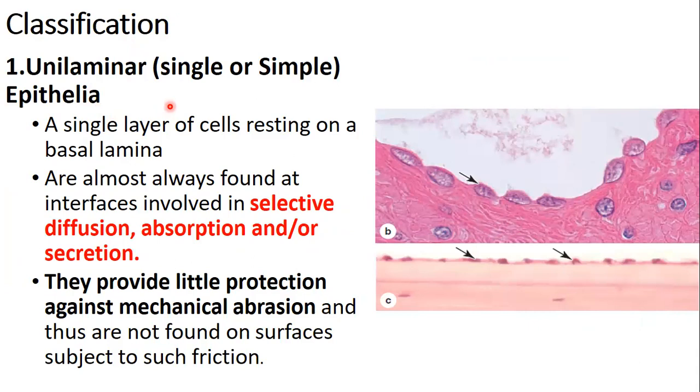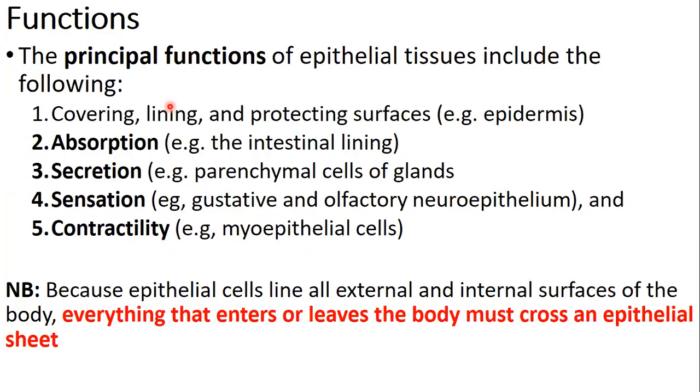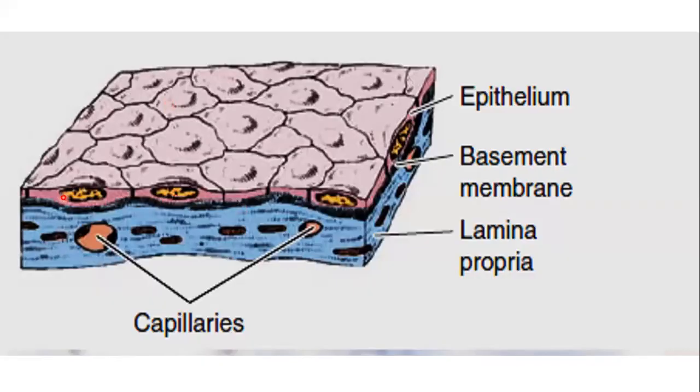Simple epithelium is epithelium which has a single layer of cells, like what we saw earlier on here. 1 cell, 1 cell, 1 cell, 1 cell. There are no cells sitting on top of each other. So we call such epithelium unilaminar epithelium or simple epithelium.